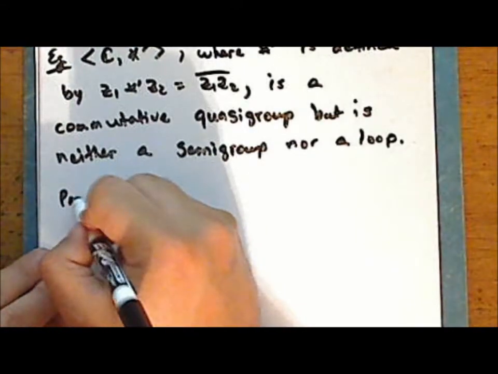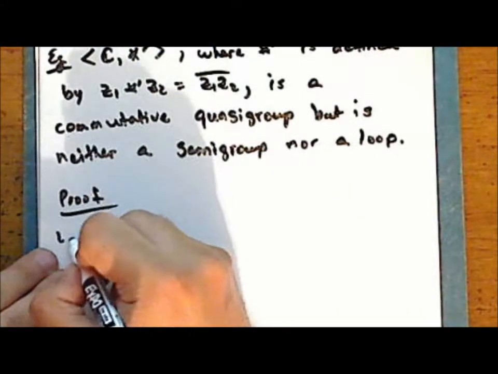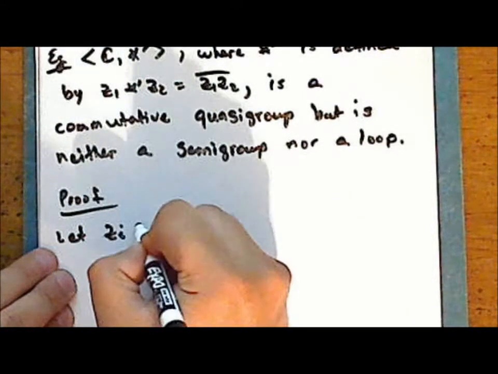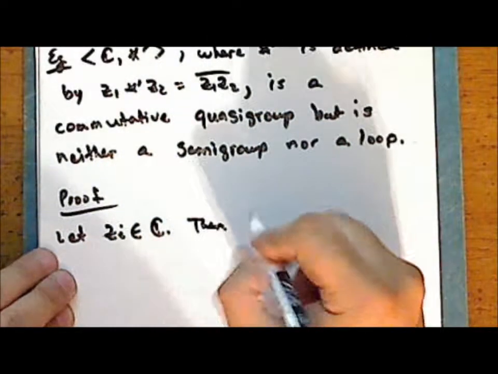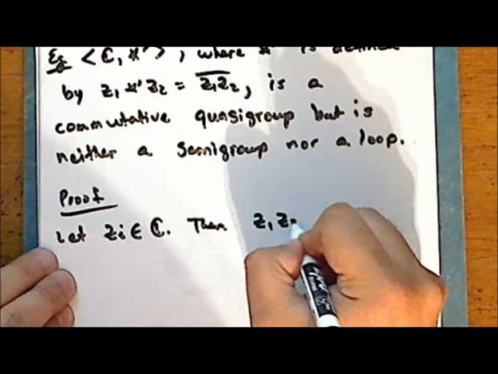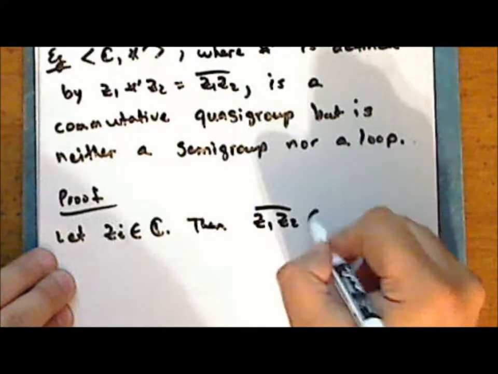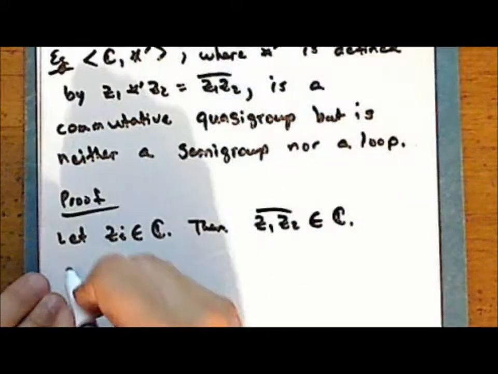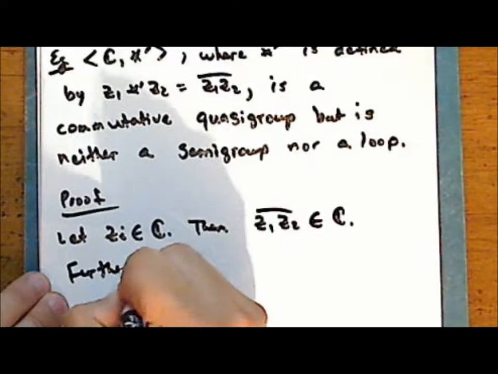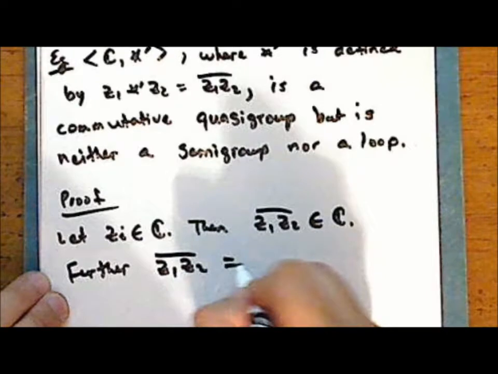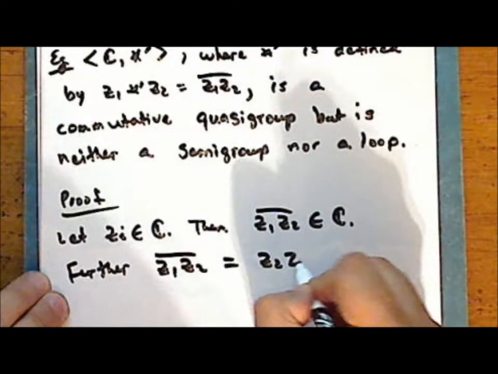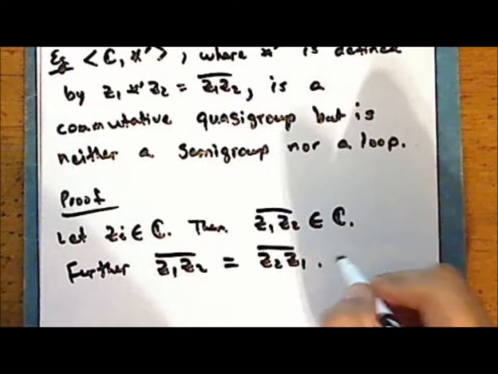So proof, let z sub i be a complex number, then the conjugate of the product z1 z2 is a complex number. Further, the conjugate of the product z1 z2 is the same as the conjugate of the product z2 z1.